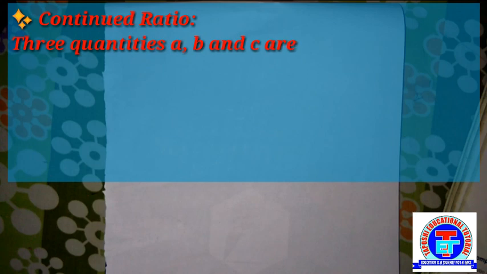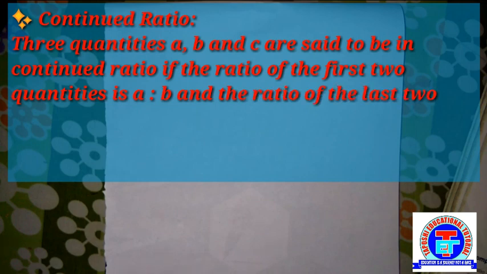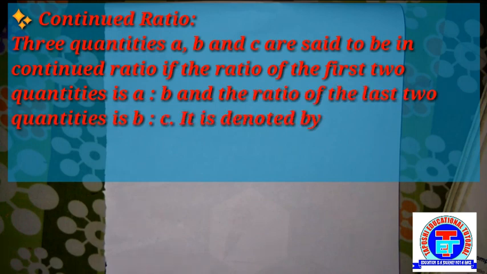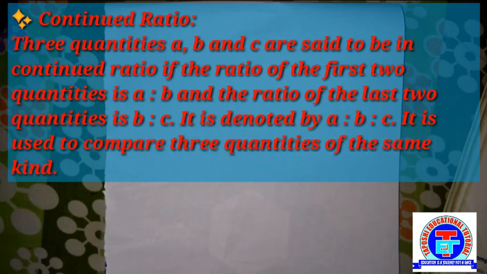The other part is continued ratio. Continued ratio: three quantities A, B and C are said to be in continued ratio if the ratio of the first two quantities is A is to B and the ratio of the last two quantities is B is to C. It is denoted by A is to B is to C. It is used to compare three quantities of the same kind.